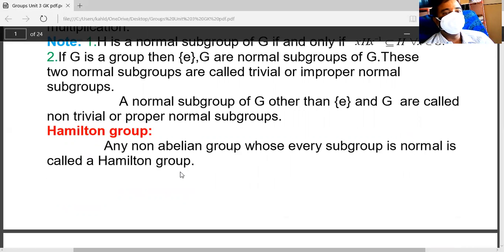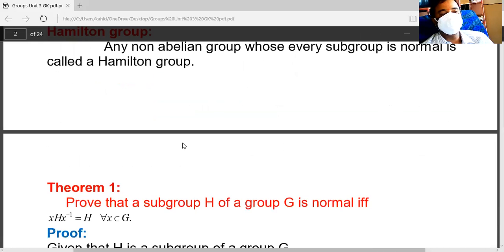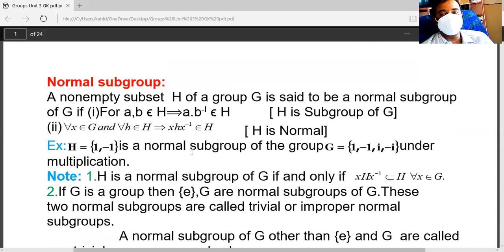A non-abelian group is said to be a Hamilton group if each and every subgroup of this non-abelian group is normal. That means if a non-abelian group contains only normal subgroups, then it is called a Hamilton group.